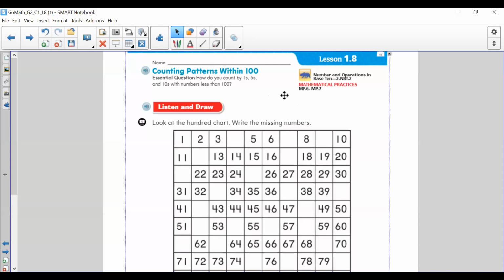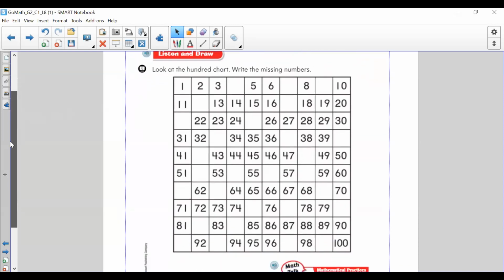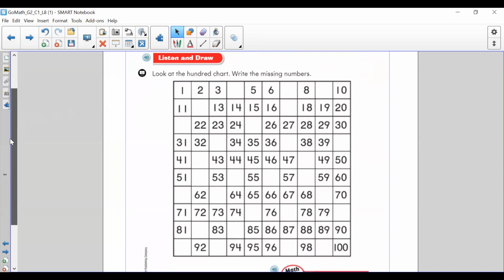So let's have some fun with our hundreds number chart and see if we can count to 100 by ones, fives, tens. And can you count from any number? Can you count on by ones, fives, or tens?